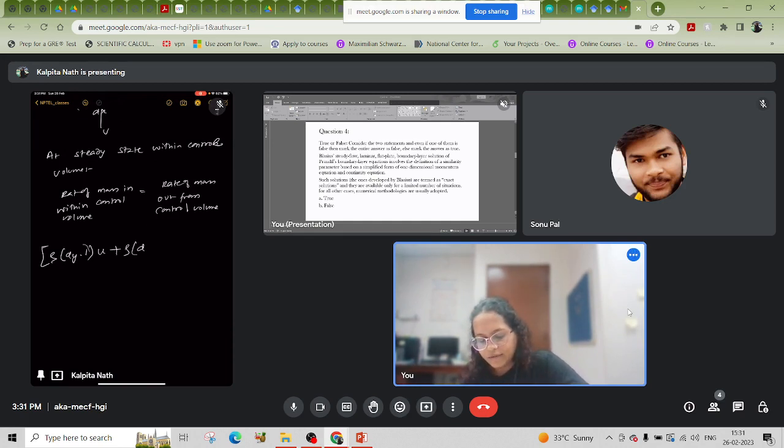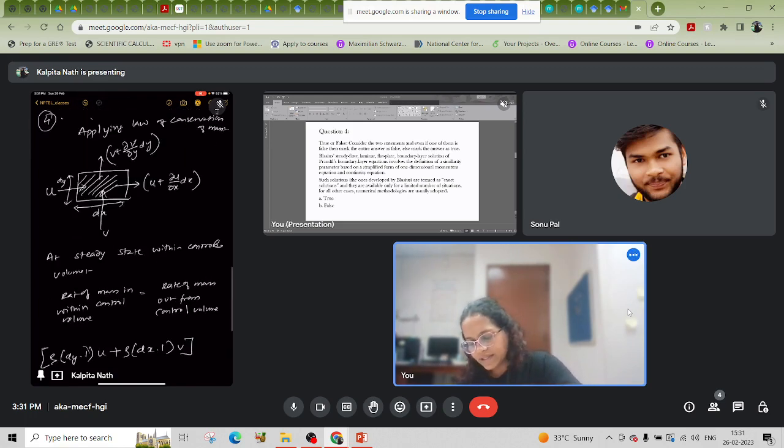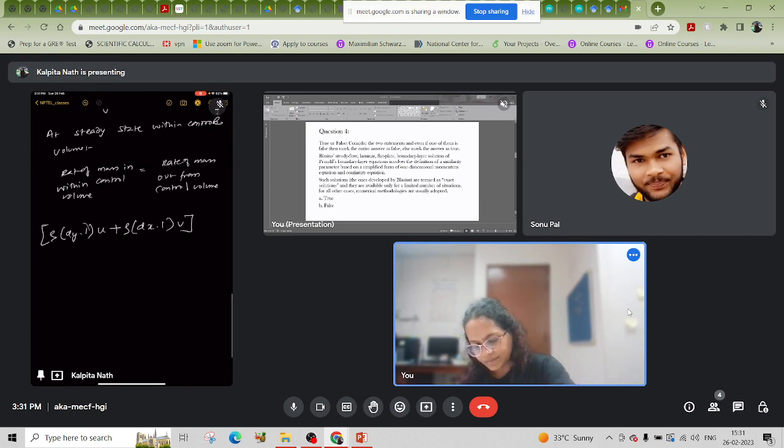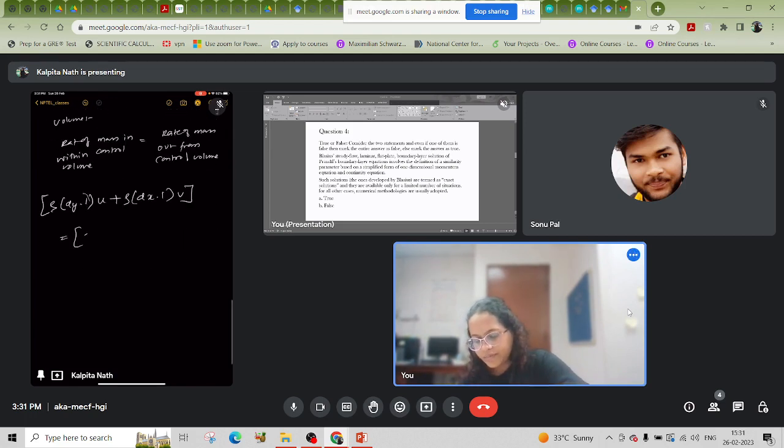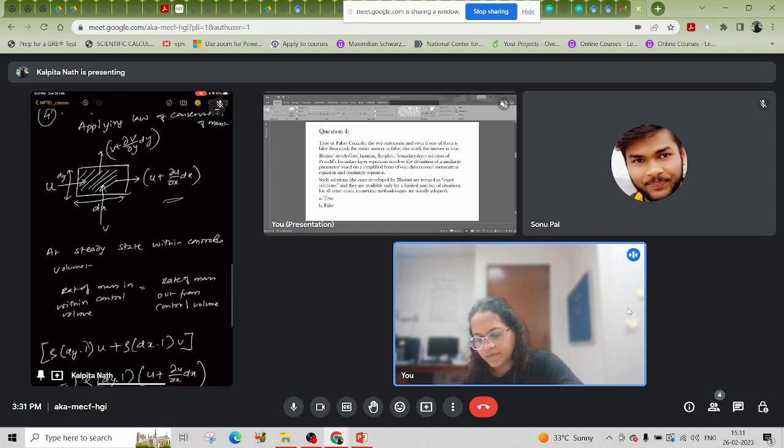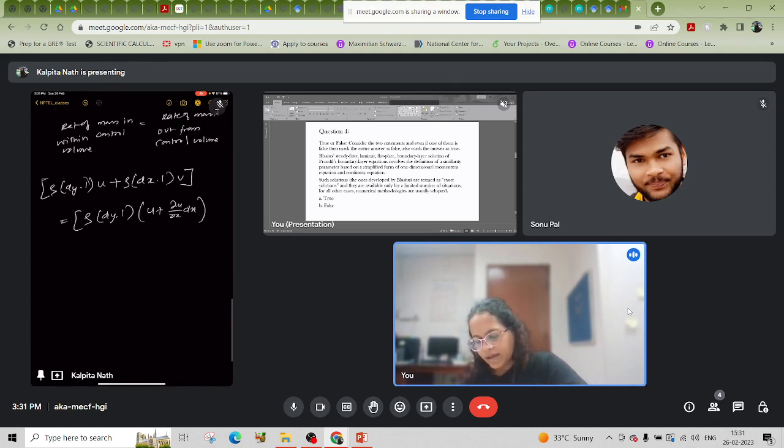And for v also, this is the velocity, entering through dx. This is equal to rho into dy into 1 into the velocity now, u plus del u del x dx, plus rho dx into 1 into v plus del v del y dy.